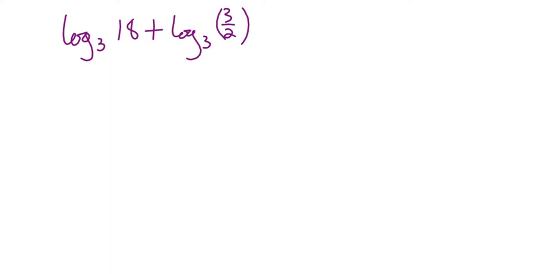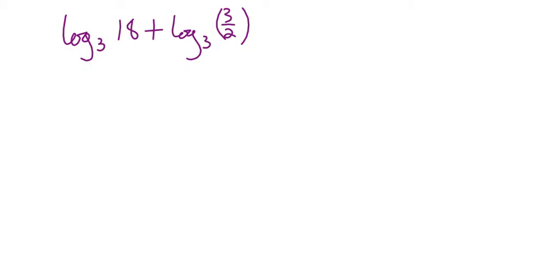All right, let's do a couple more. Log base 3 of 18 plus log base 3 of 3 halves. And the idea is to basically evaluate this, right? Again, without a calculator.